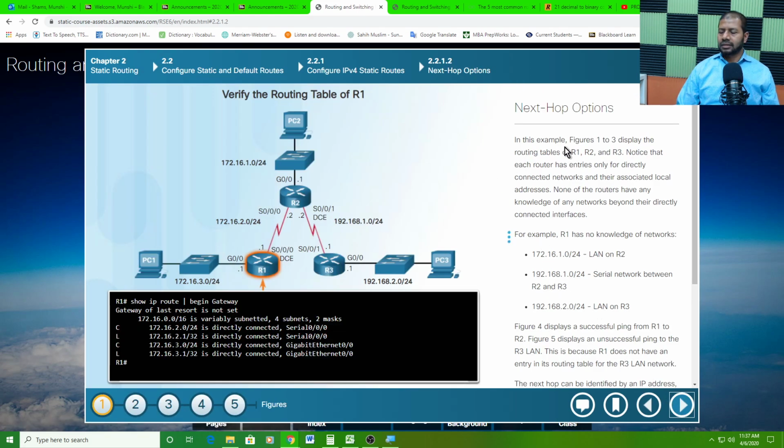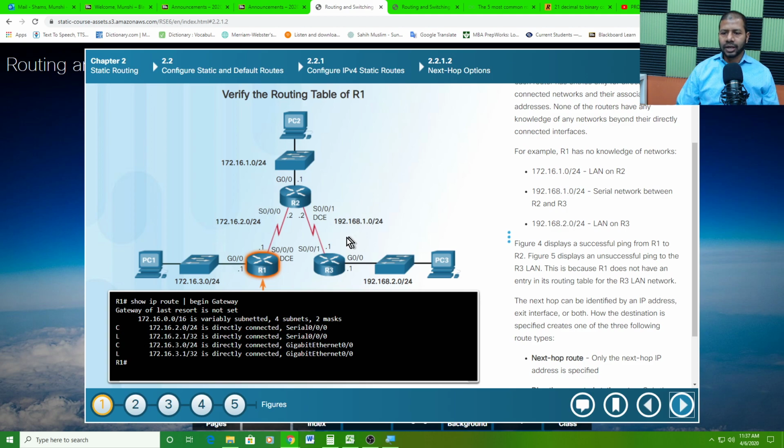Okay. Next hop option. So let's look at a scenario in here. R1 has one network, 172.16.3.0, that is connected to itself. This one, R1 is going to learn automatically. Just as soon as you configure this interface, R1 will know which network it belongs to. That's easy.